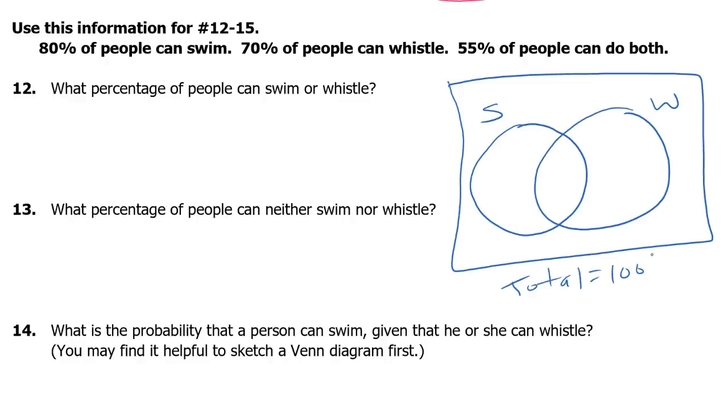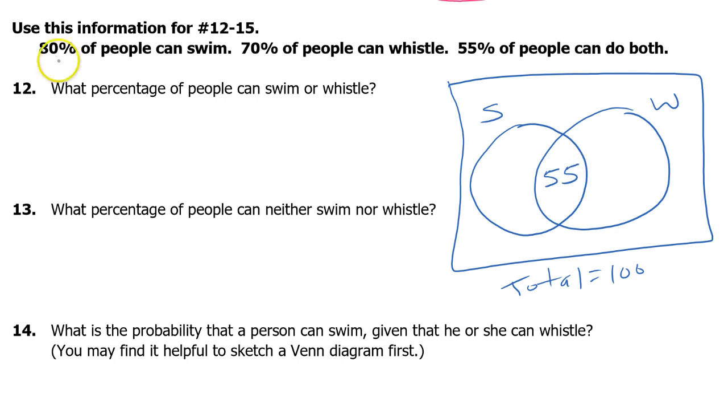So 80% of the people can swim. Actually, you should start with the overlapping part, always. 55% of the people can do both. So that means out of 100 people, 55 can do both, swim and whistle.